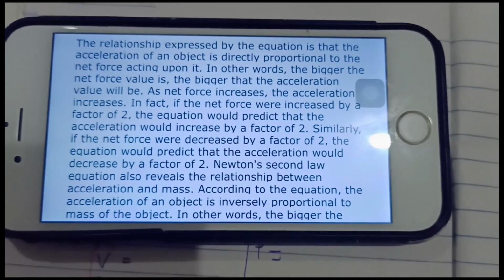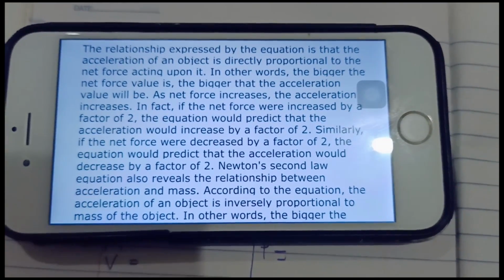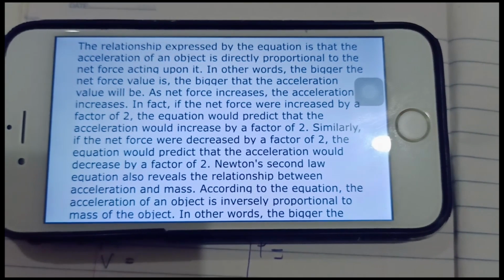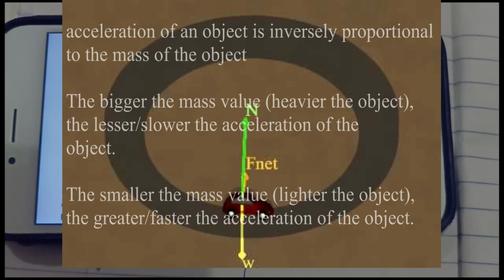Newton's second law equation also reveals the relationship between acceleration and mass. According to the equation, the acceleration of an object is inversely proportional to the mass of the object. In other words, the bigger the mass value is, the smaller the acceleration value will be.